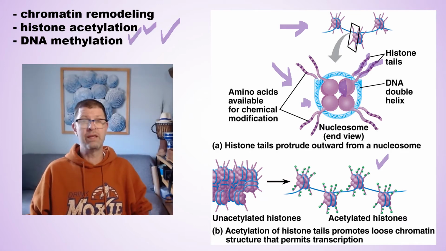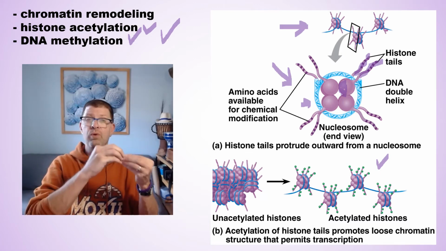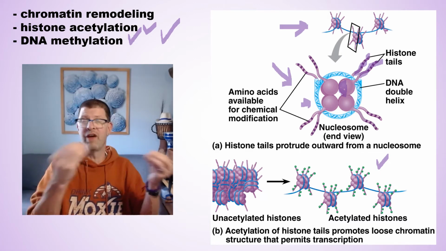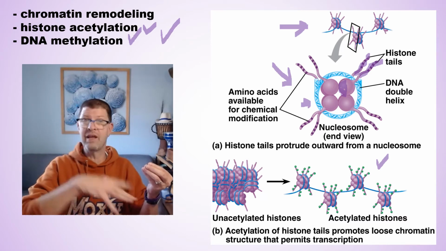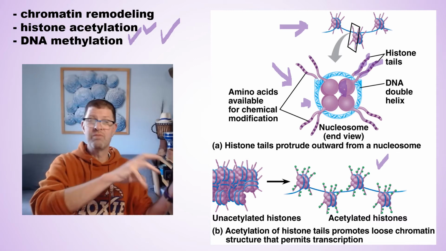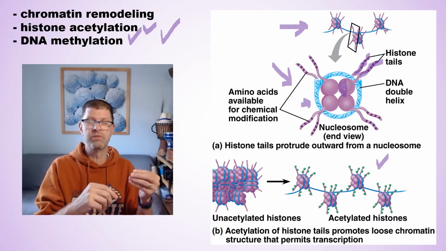There are chemicals that can just bond to the DNA, which will prevent it from being seen by the DNA polymerase. So these methyl groups, like I said, are really just carbon and hydrogen, almost like the acetyl groups.